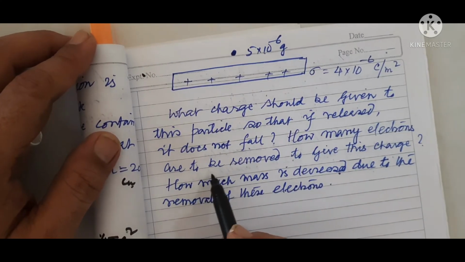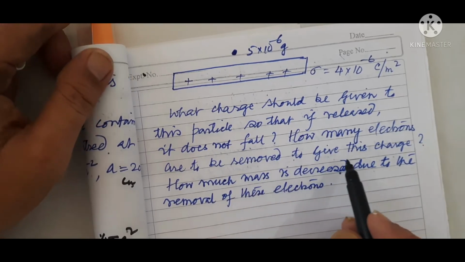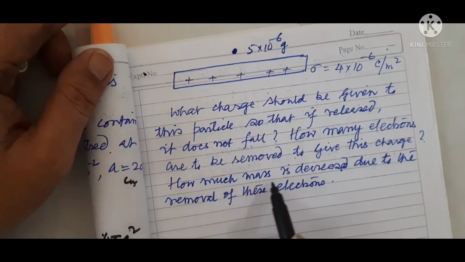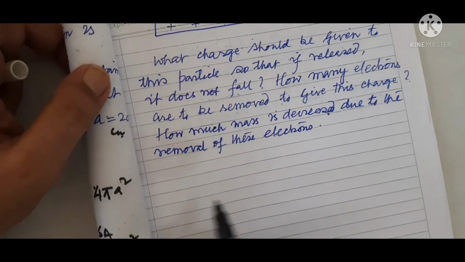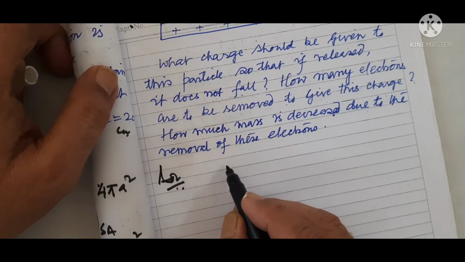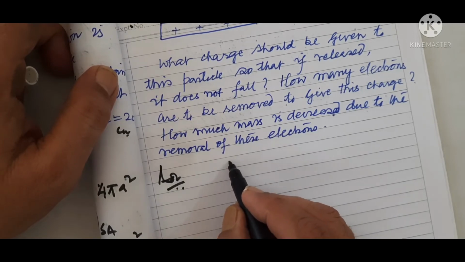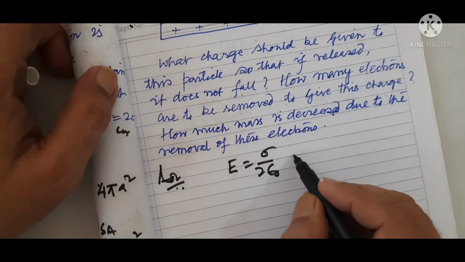How many electrons are to be removed to give this charge? How much mass is decreased due to the removal of these electrons? You have to find that out. We know that in front of a charge sheet, the electric field intensity is sigma by 2 epsilon naught.